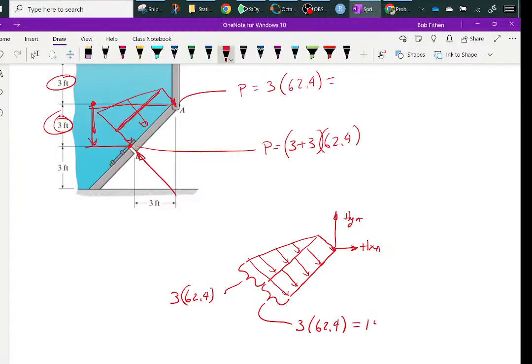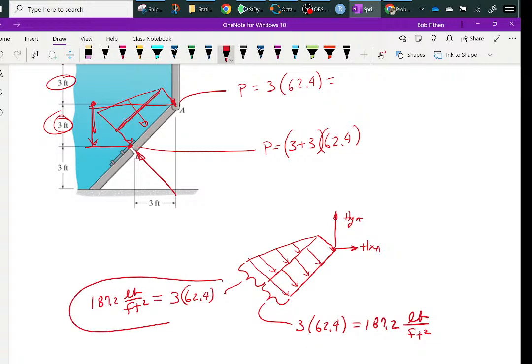So both of these are 187.2 pounds per feet squared. So that is this portion. Then you've got this force here, which for lack of a better word, I'll just call F.